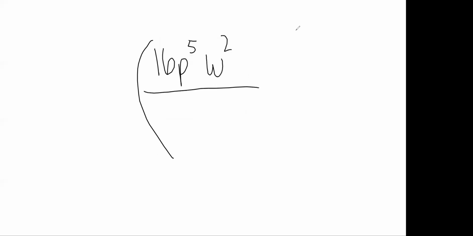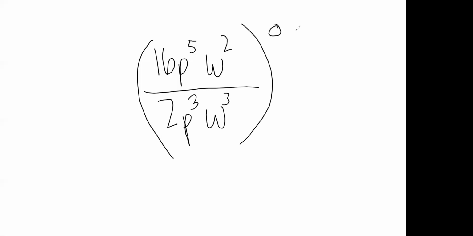All right, and then I want to show you number 22 because there's something that I hope that you can catch so you don't have to do a lot of extra work with the powers. All of this is raised to the 0 power.